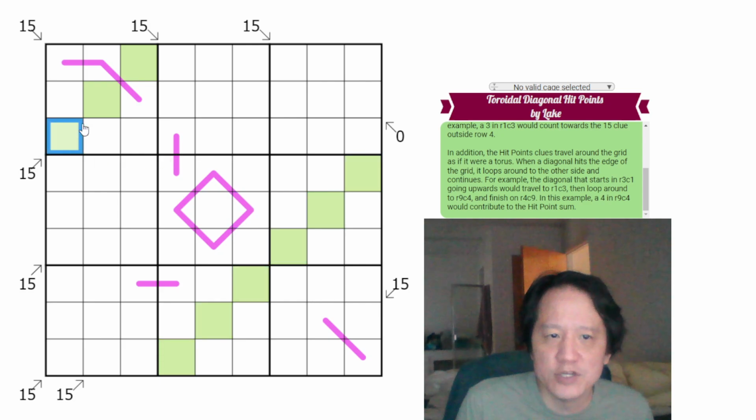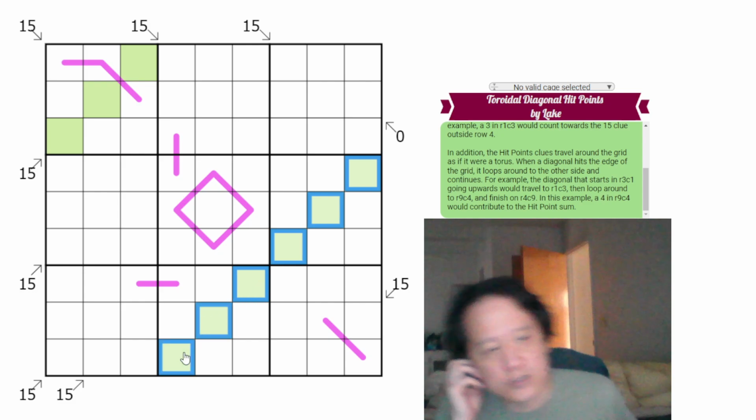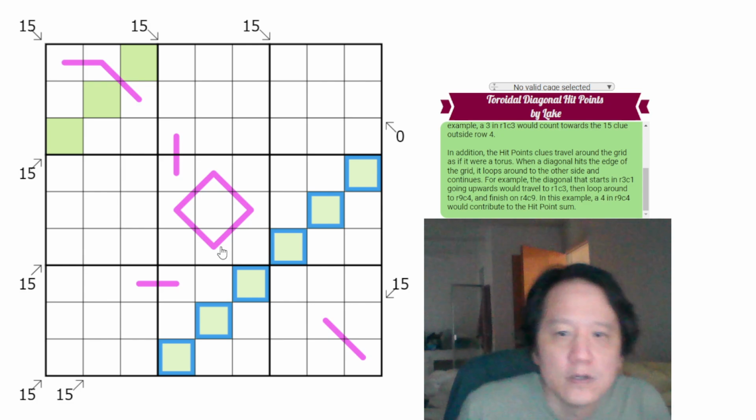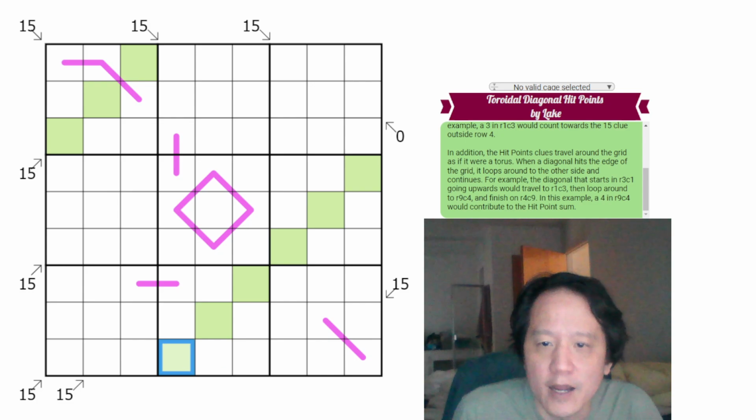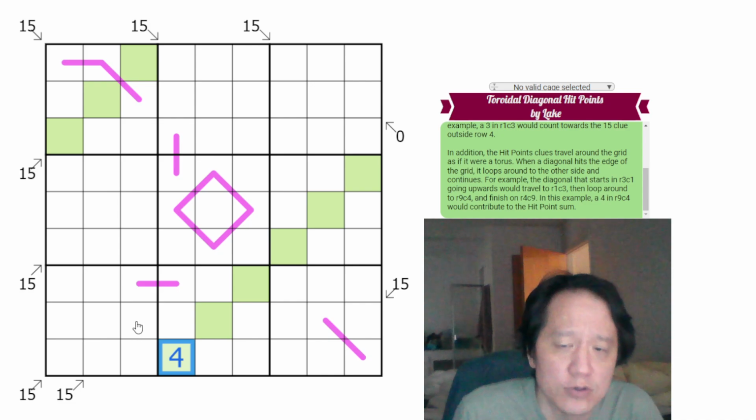So this would be considered one toroid, and this would calculate the hit points possible. In this example, a 4 in row 9, column 4 would contribute to the hit point sum.